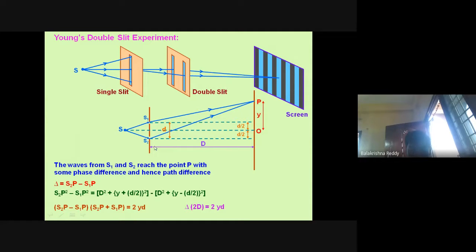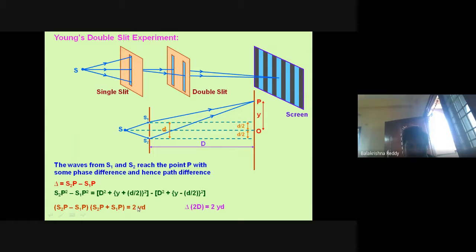That approximately gives this is one d distance, this is another d distance. Both are approximately equal in the sense of d. Since they are approximately equal to this horizontal distance, that gap distance, S1P is approximately equal to d, and S2P is also approximately d.